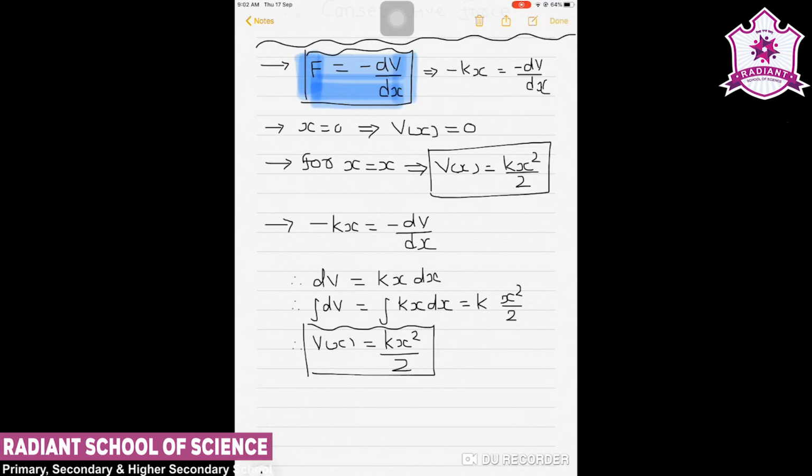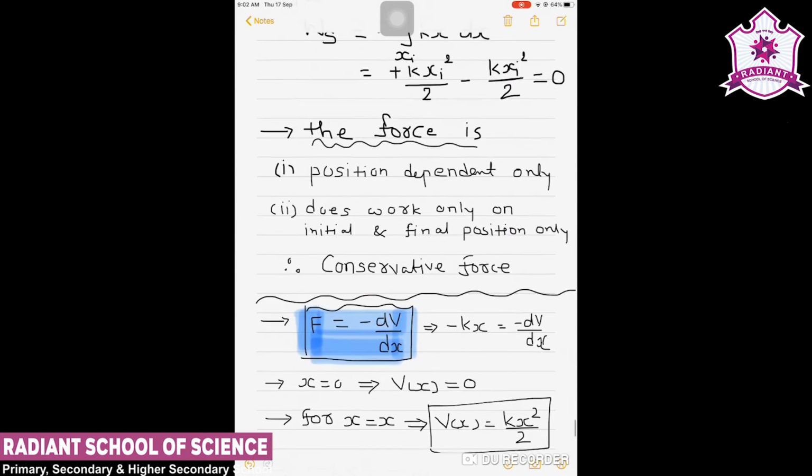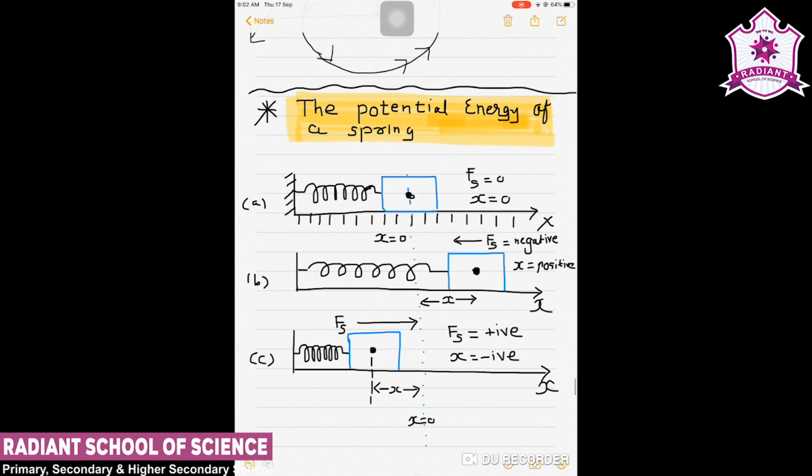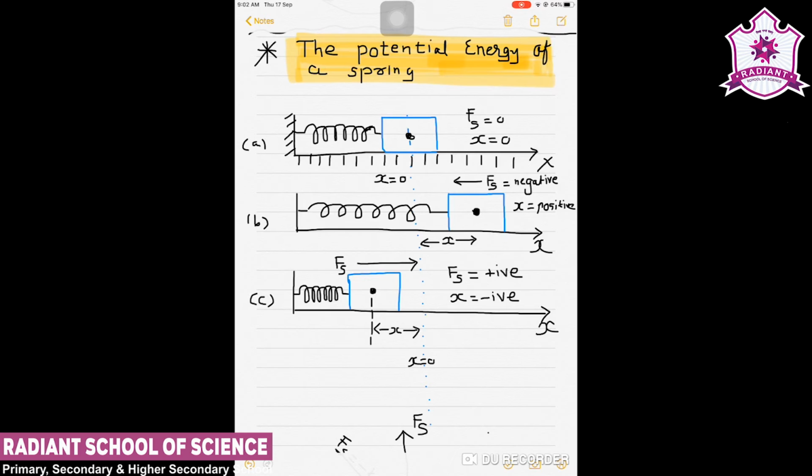In the figure above, when an external force is applied, it moves x displacement to the right, and at the same time it moves in the negative x direction up to xm distance. So xm is the maximum distance that it can perform, and the object will move in between them.